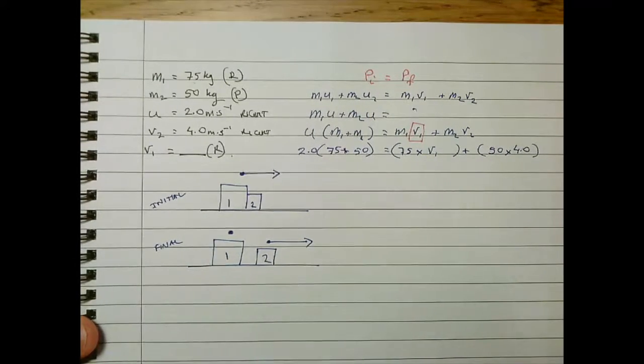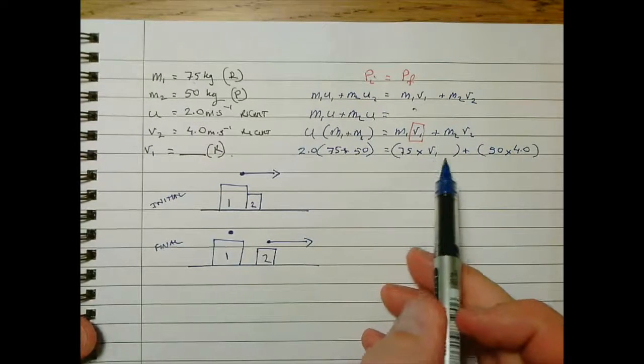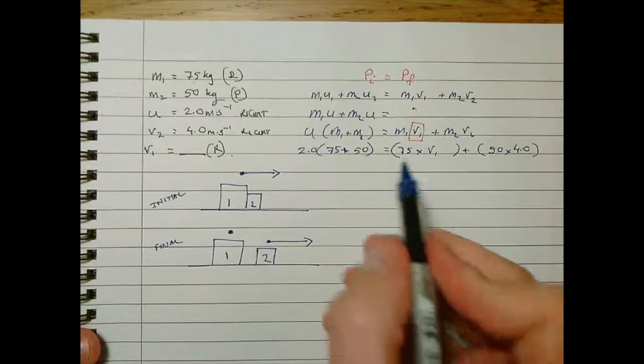So we're left with this. Again, we do not know velocity 1, so we can't identify that just yet.